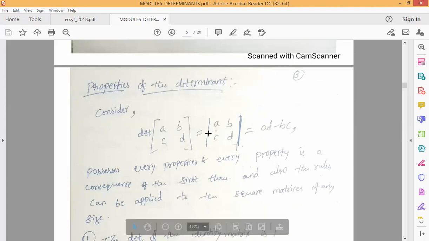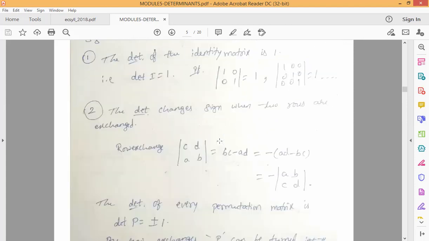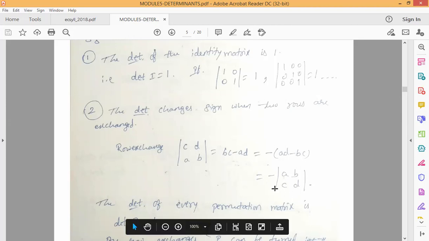Now, if we exchange these 2 rows, that is, the second row is transferred to the first row and the first row elements are shifted to the second row, we have the determinant of C, D, A, B. When you solve this, the determinant gives the value BC minus AD, which is equal to minus of AD minus BC. This is expressed in terms of the determinant as minus of the determinant of A, B, C, D. That is, as I told, the determinant is going to change its sign when 2 rows are exchanged.